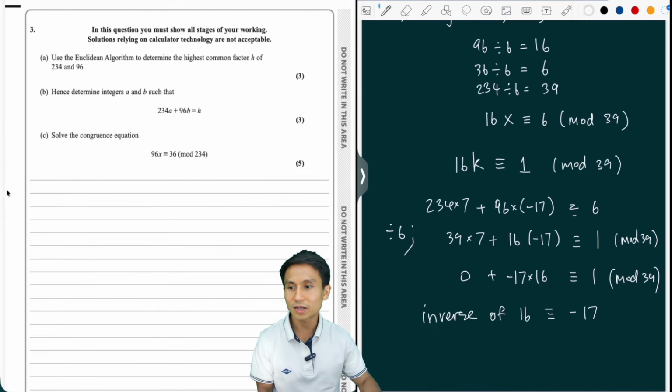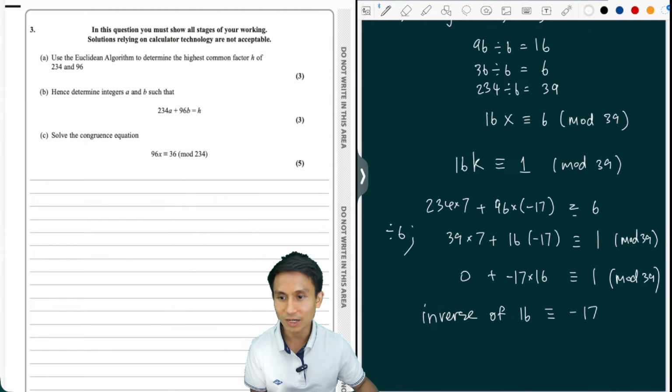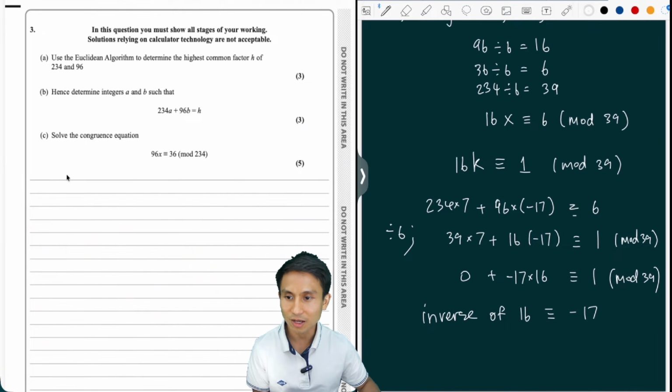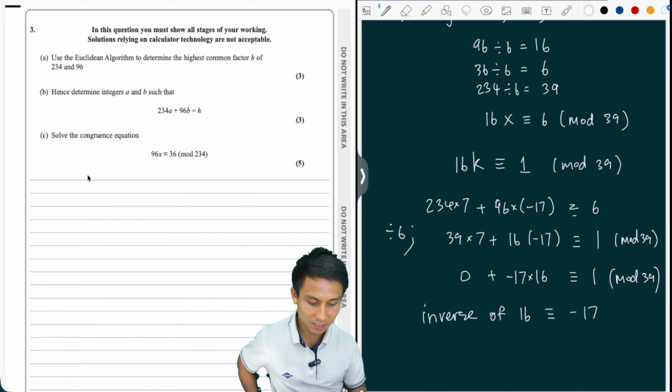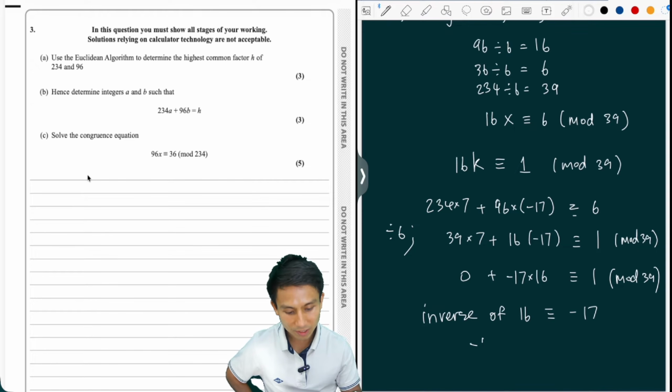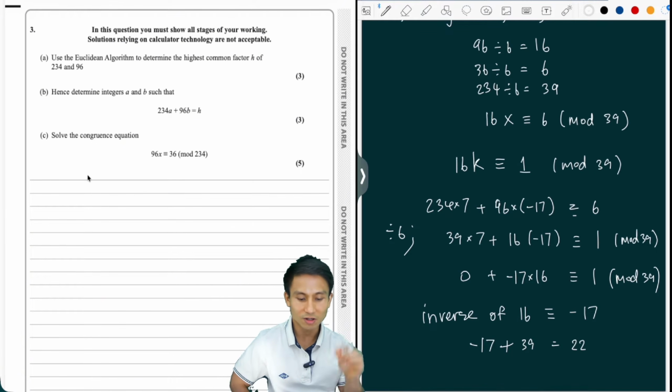But we don't want a negative number there. So we're going to substitute that with a positive inverse. We can do that by just adding the modulo, 39. So we're going to get 22. So we can say that 22 is the inverse of 16 under modulo operation 39.